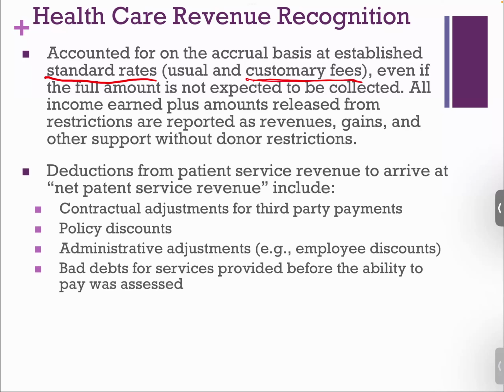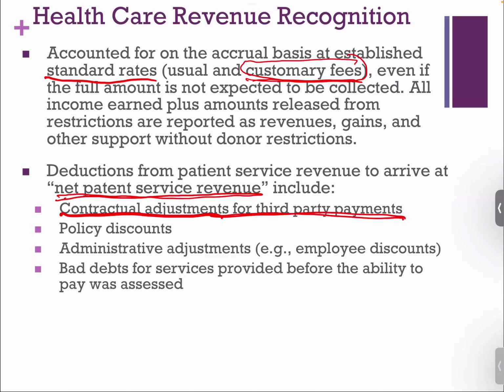So there are two different things they can ask for. They can ask for net patient service revenue. In that case, we start out with our customary fees or standard rates, and then we subtract contractual adjustments for third-party payments.